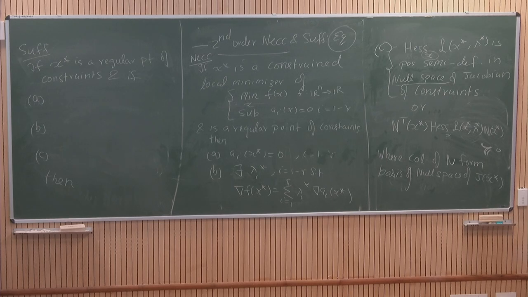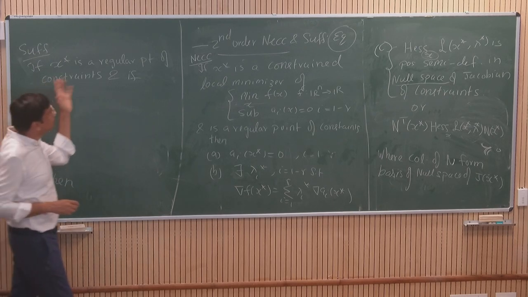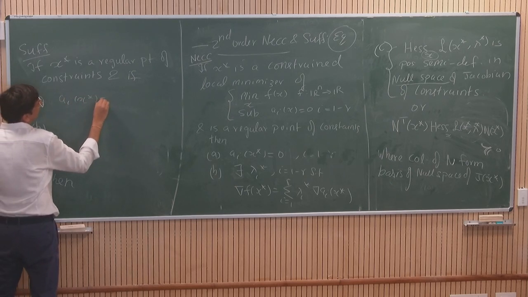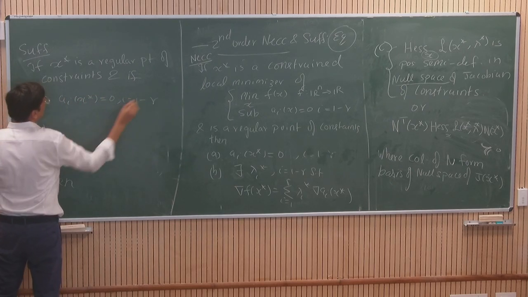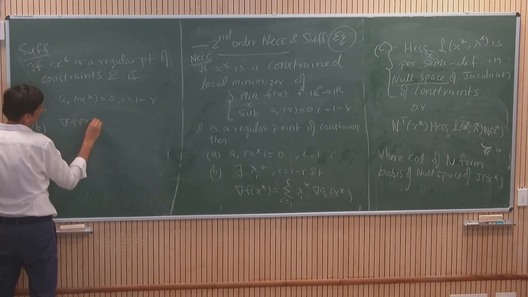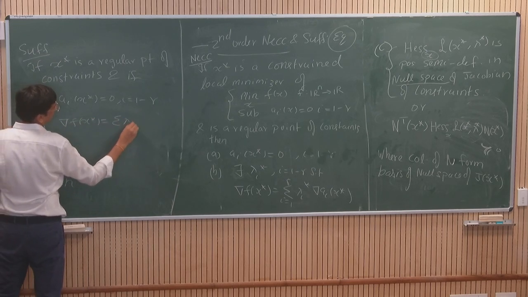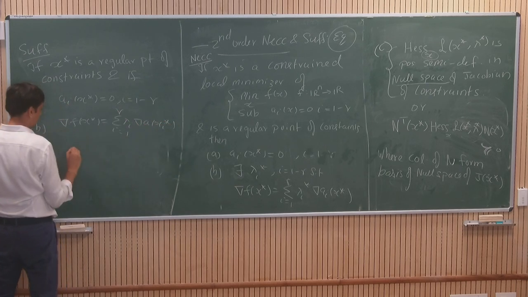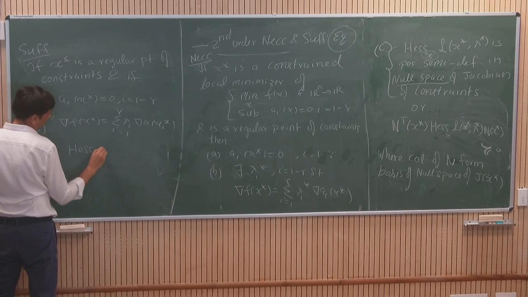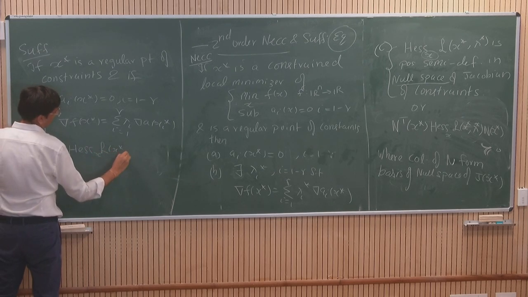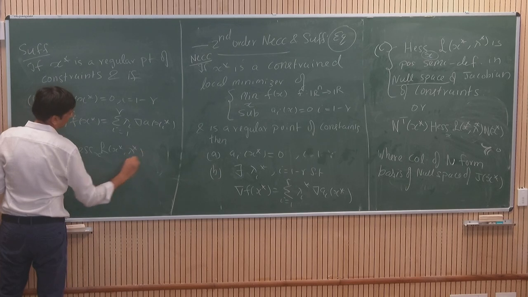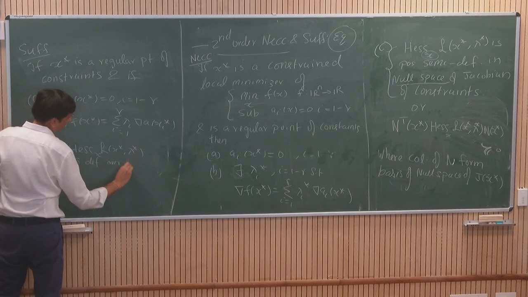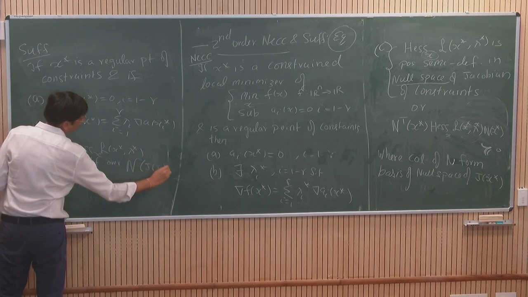Recall your unconstrained case. It just changes the direction. If it is a regular point and a_i of x star is equal to 0, i going from 1 through r, and gradient of the function f of x star is a linear combination of gradient of the constraints, and Hessian of the Lagrangian with respect to x is positive definite over the null space of the Jacobian of constraints.